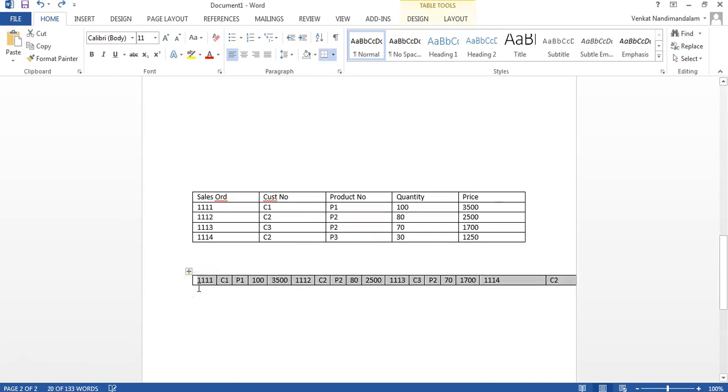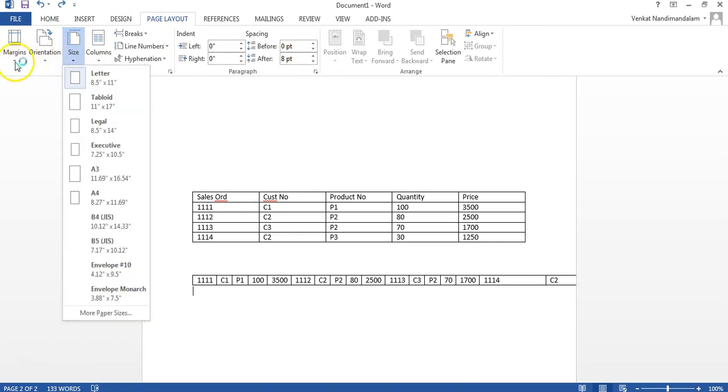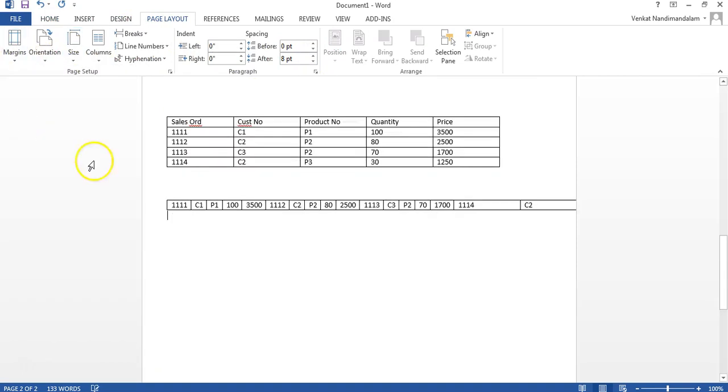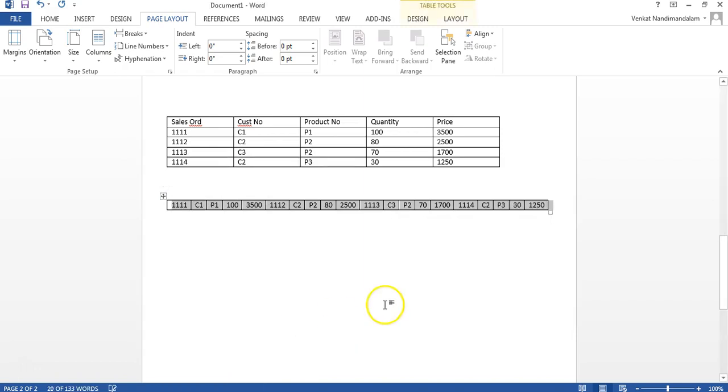Maybe I have to change the size of this page, or let me change the margins so that it fits properly. So this is how it stores at the database level. So each record will be stored as one tuple.